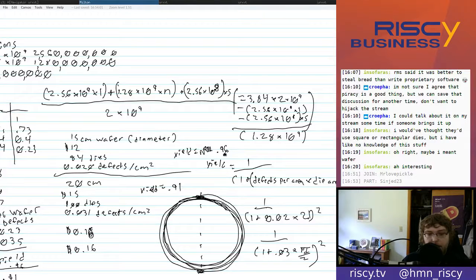And so that's going to change the cost as well, isn't it? We'll need to recalculate that. The yield for the second one is going to be, let's see, this needs to change to 0.031. This needs to change to, let me see here, pi.